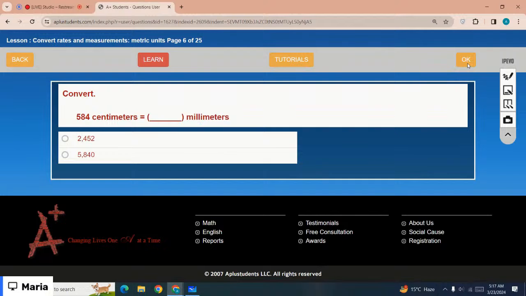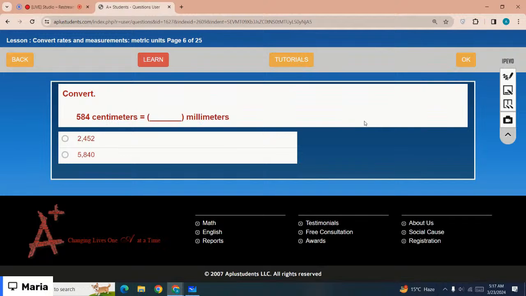584 centimeters equal how many millimeters? The correct option is 5,840 millimeters.